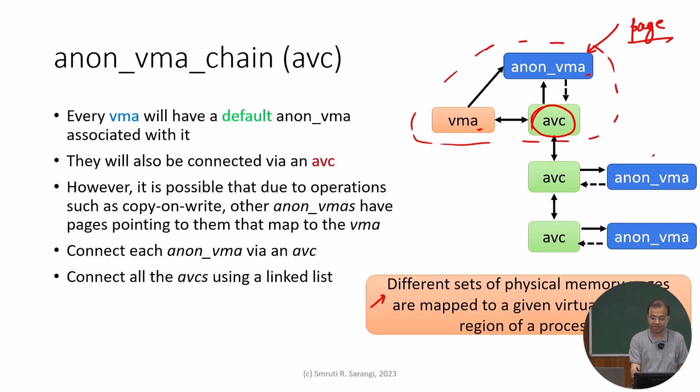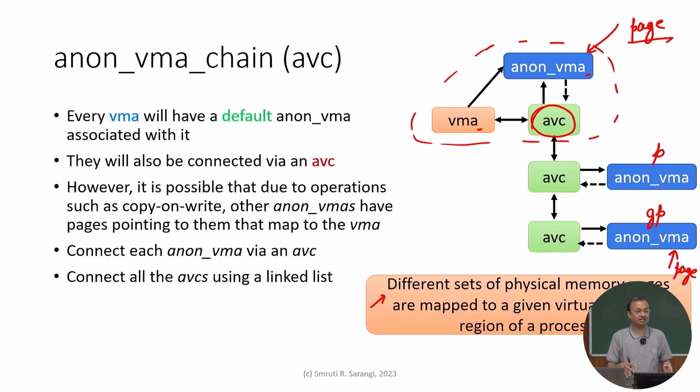So then I need a connection with my own private Anon VMA. I need a connection with my grandparent's Anon VMA as well if my parent inherited something, because it is possible that there is some page here which points to my grandparent's Anon VMA. Subsequently, my parent didn't create a new copy and I didn't create a new copy.